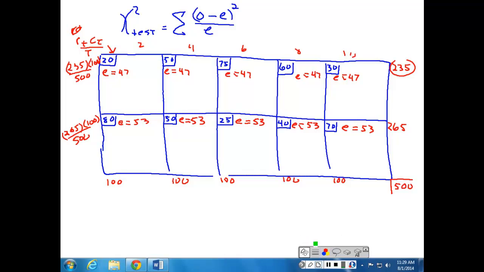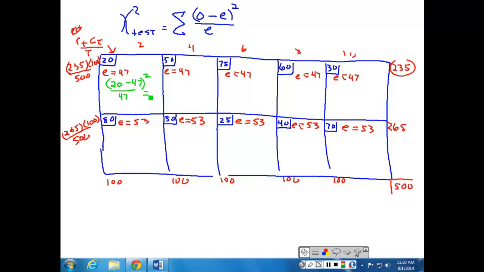So now what I'm going to do, and I'll write the formulas out, but you guys are going to have to calculate these for me. In this cell, I'm going to have observed minus expected, 20 minus expected, that's just the observed minus the expected, squared, divided by the expected.